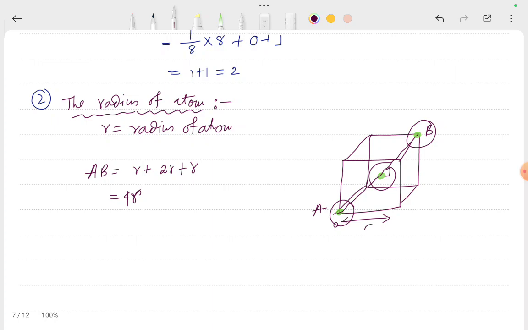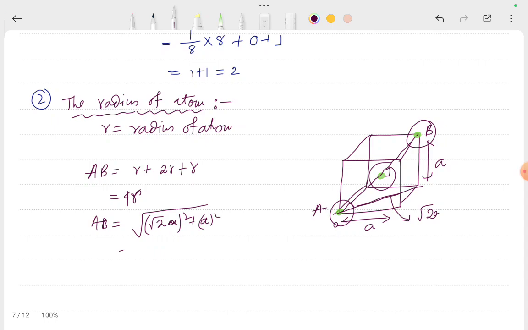And this 4R equals, we get this value equal to A, and this value is equal to root 2A, and this value is equal to A. So here AB equals, again from this picture, we know root of 2A square plus A square.